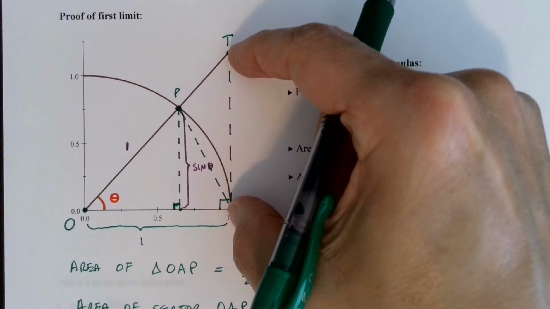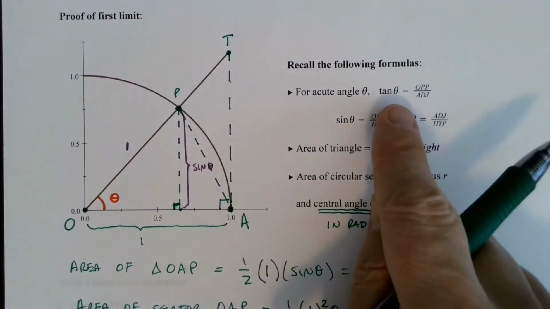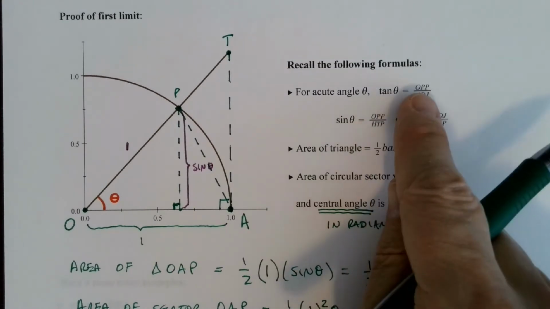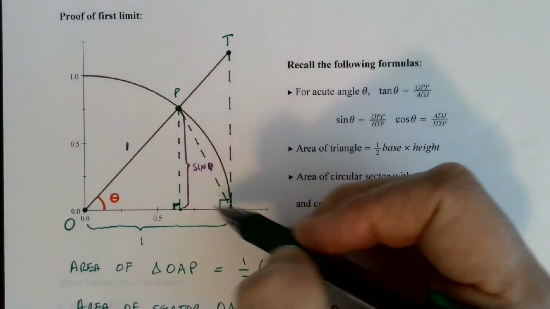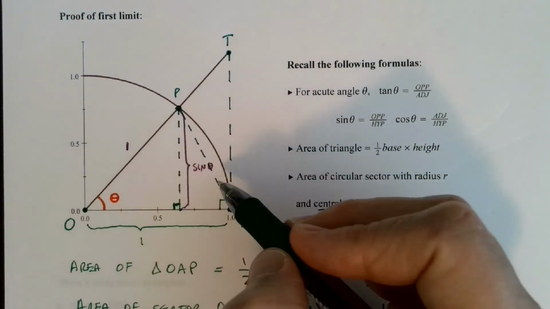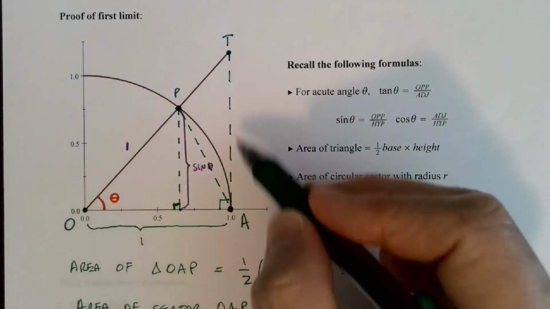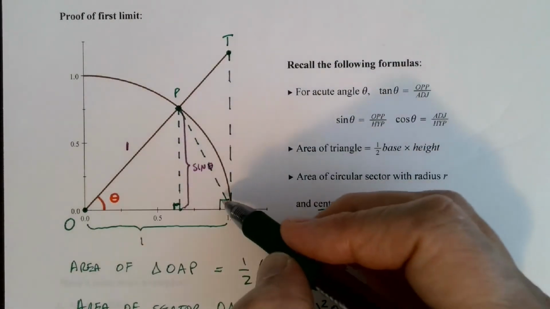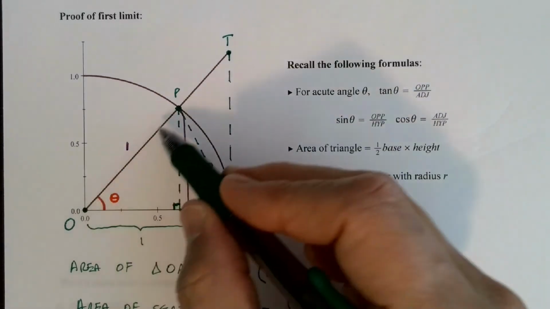Now I'm going to make use of the fact that the tangent of angle theta is opposite over adjacent for a right triangle. Notice this big triangle, unlike triangle OAP, which was not a right triangle, triangle OAT is a right triangle because this is 90 degrees.